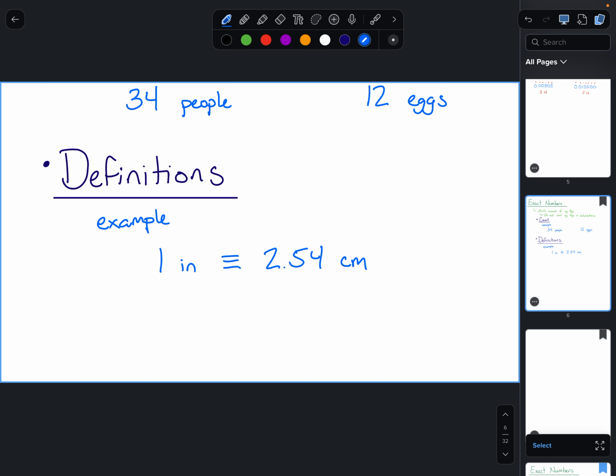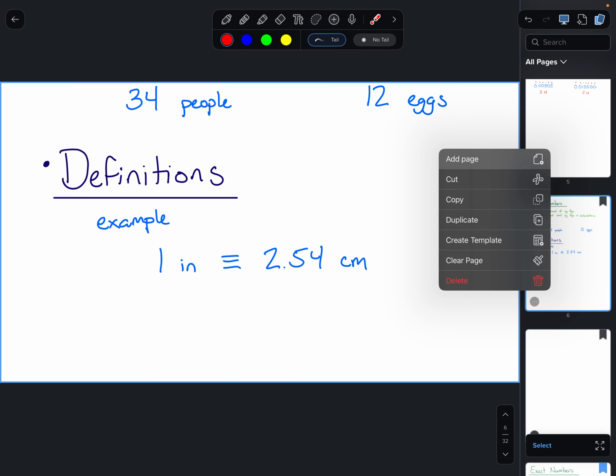And that doesn't have any amount of wiggle room. That's what it means to be an inch, to be exactly 2.54 centimeters. So this conversion, this definition, we would consider to have an infinite amount of sig figs, or to be an exact number. Even though it looks like this side has 1 and this side has 3, no, it's a definition, meaning that those numbers are exact. They won't limit our sig figs when we do our calculations. Okay?